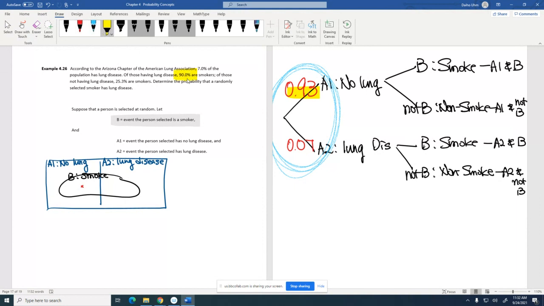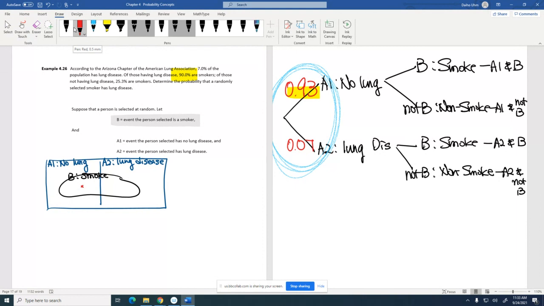And look at the next one, 90%. Which one is the 90%? You know the second column is B, not B. Number 1, 2, 3, 4. Which one is the probability? Number 3, why?